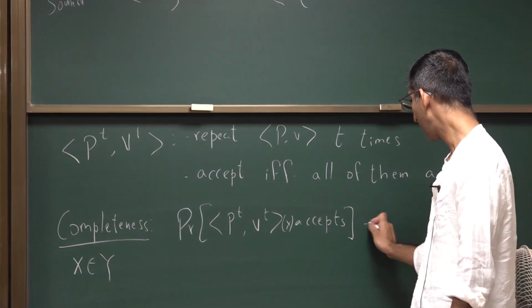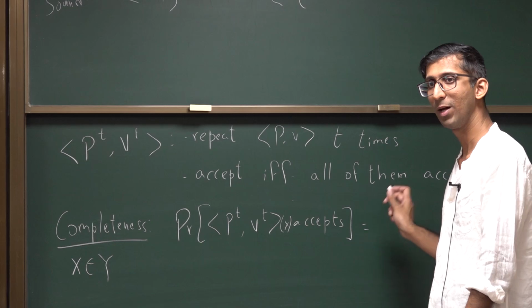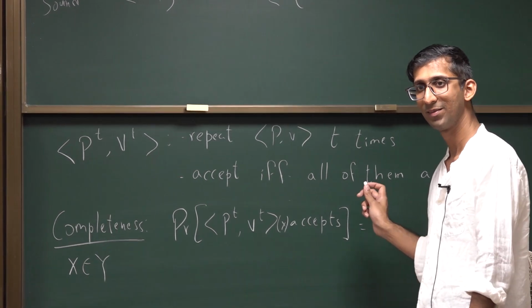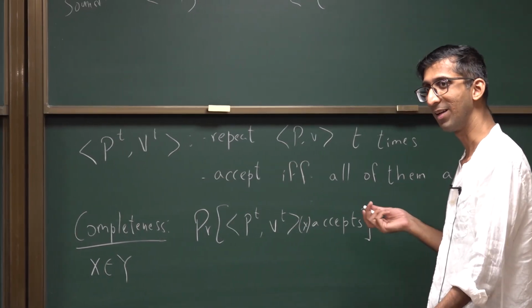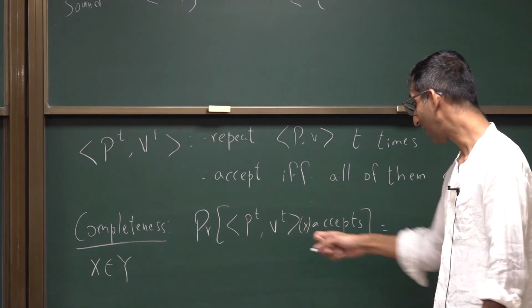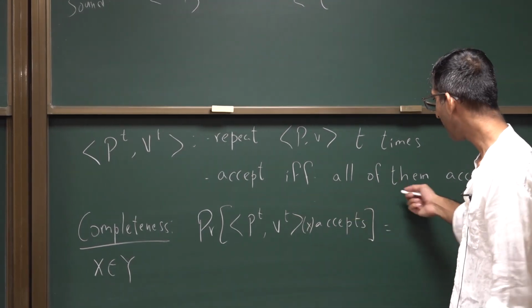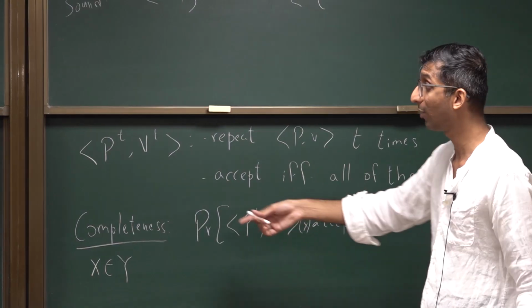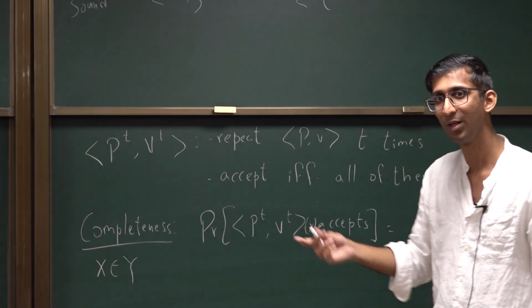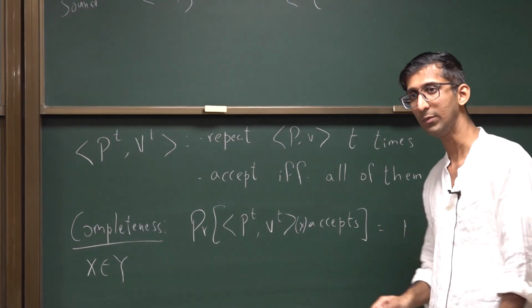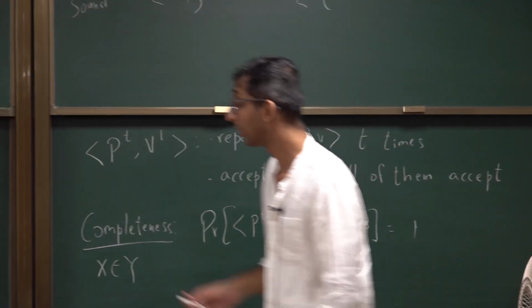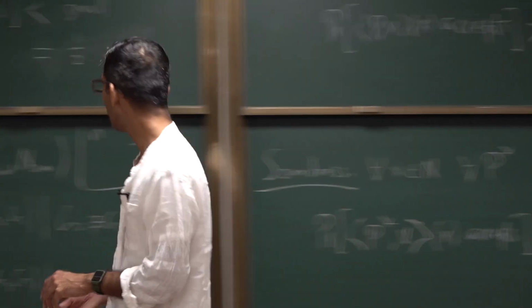So what is the probability it accepts, and why is it 1? Yeah. It will accept if and only if all of them accept, and all of them are going to accept because the original proof system had the property. So this is going to be 1. Right? But the harder thing to argue is the soundness condition.